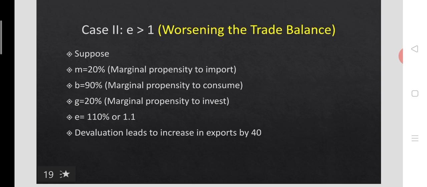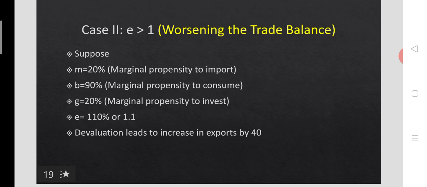And here the marginal propensity to absorb, E, is equal to B plus G. 90 plus 20 is 110%. That means the devaluation will cause a change in domestic expenditure by 110% or 1.1.